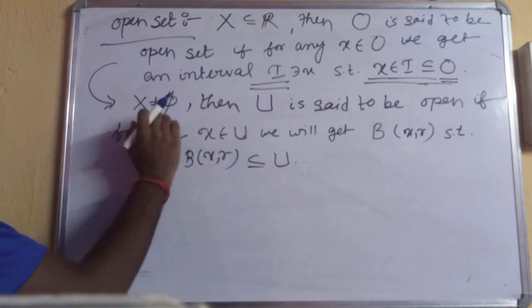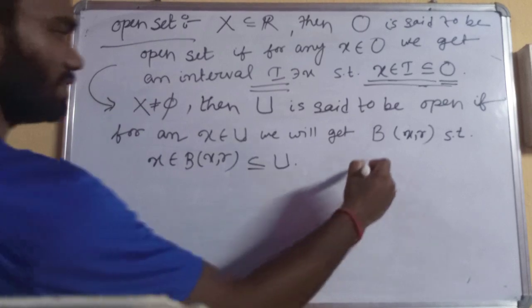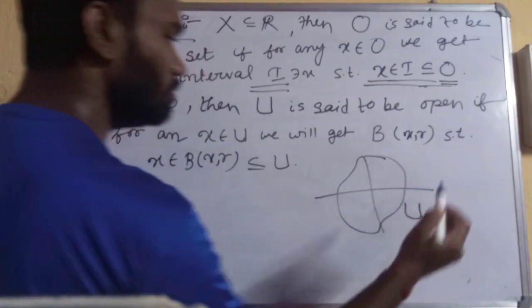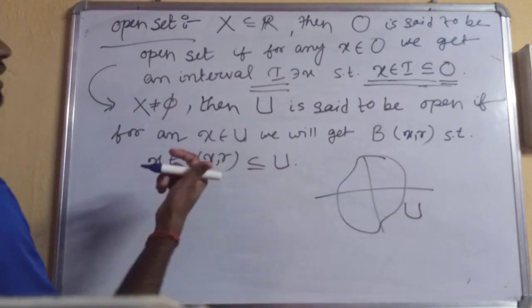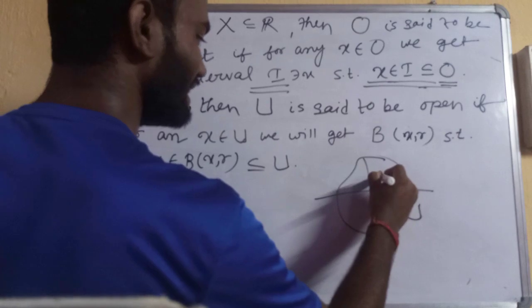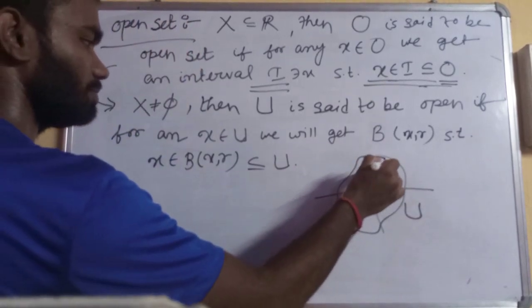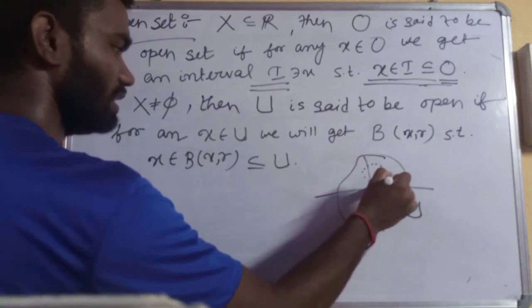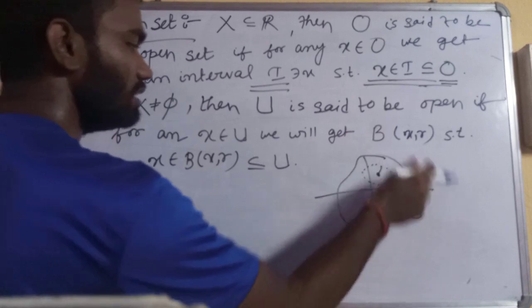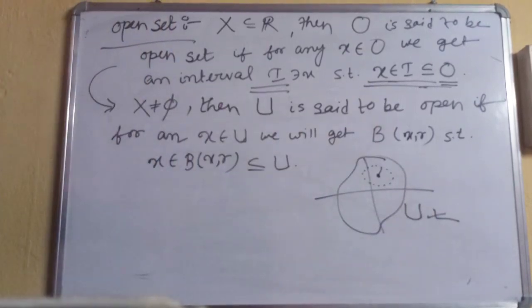Suppose it is U; U is said to be open if we take any point, say x here, and we get an open ball entirely contained in U. Then U is called an open set, right?